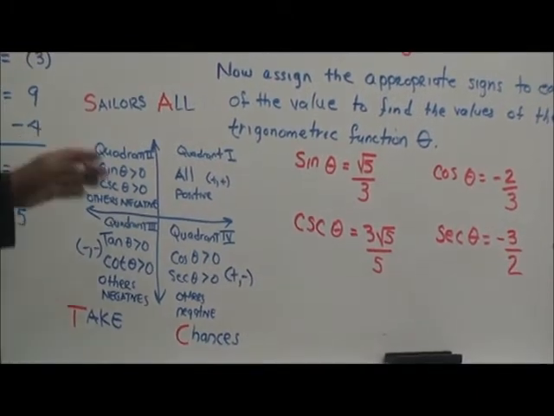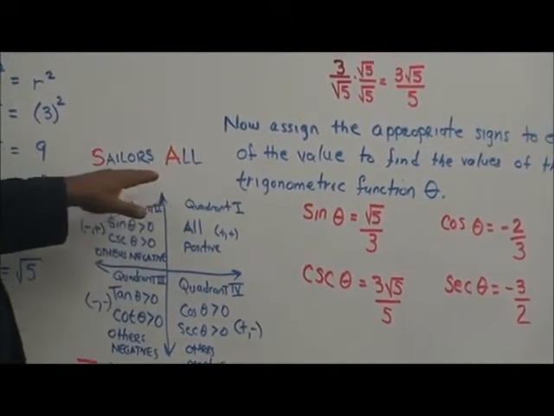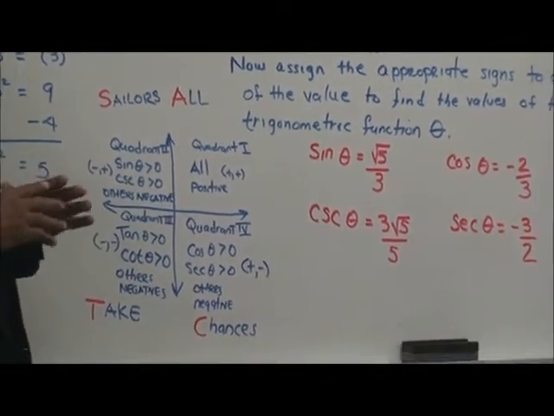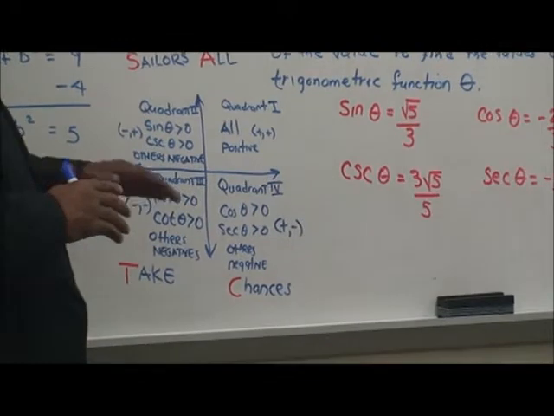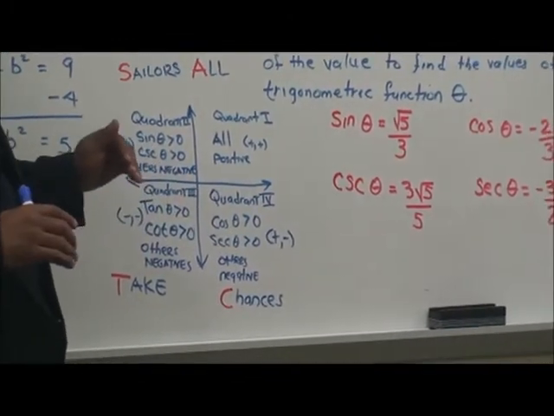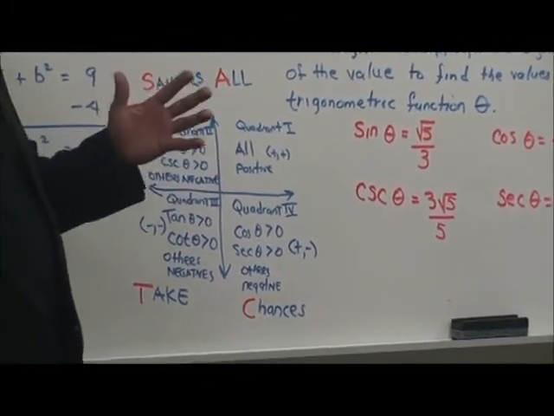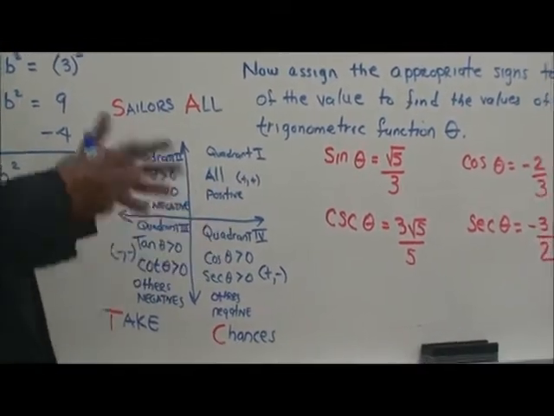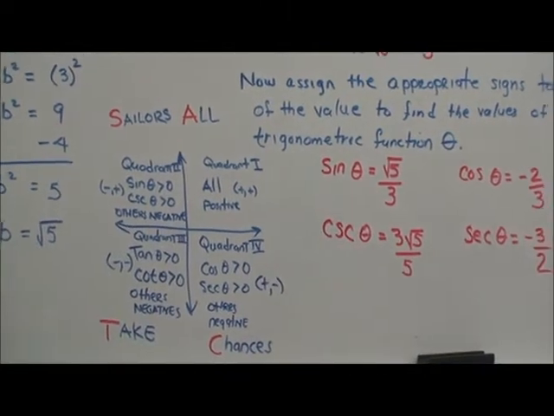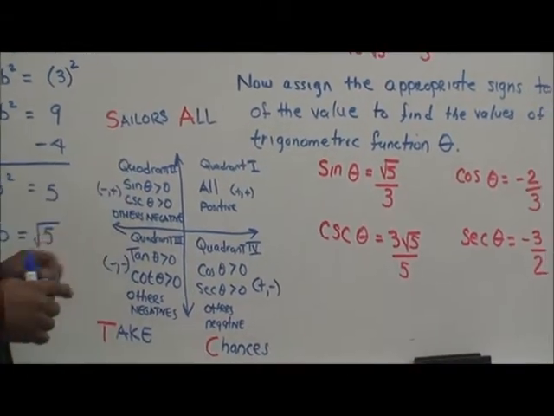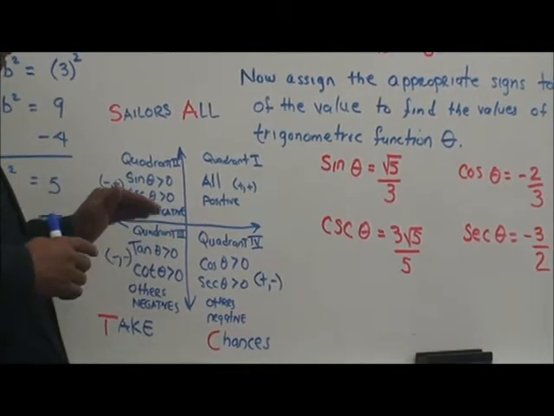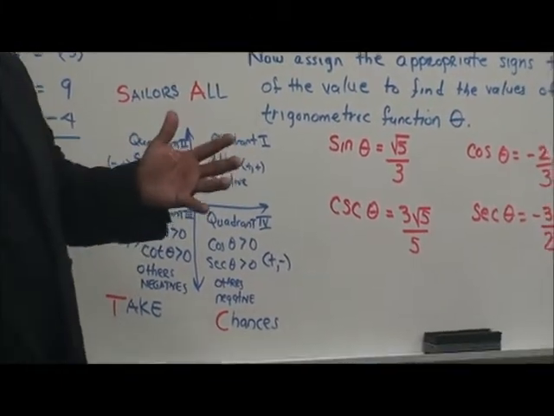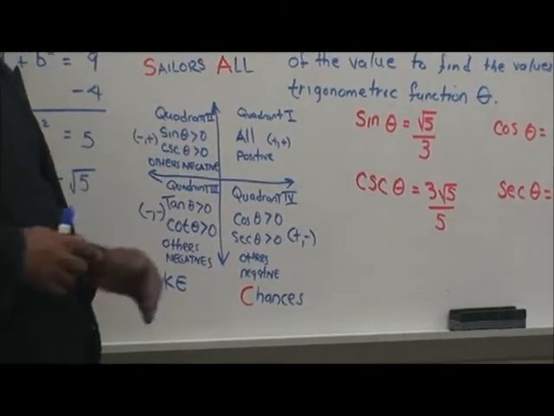So if you look at this, we say all sailors take chances. This is a way of understanding and remembering where the angles lie in each of the quadrants, speaking of what is positive or negative, depending upon where the angle theta lies in these quadrants. So this helps you remember the trigonometric functions that are positive and also negative in each of these quadrants, right?